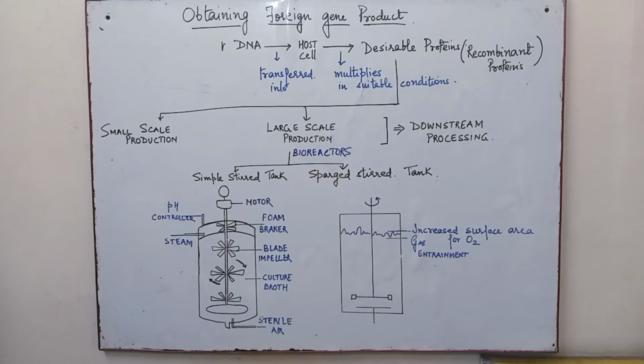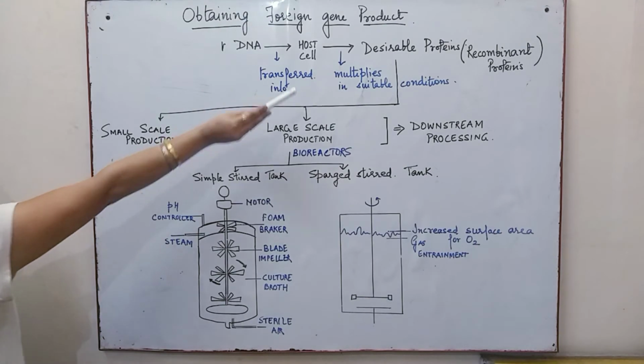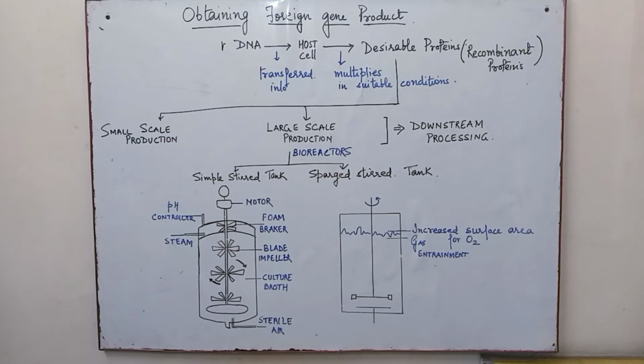So therefore heterologous host. Now once the recombinant DNA is transferred into the host cell, it gets incorporated into the genome of the host cell and starts multiplying and will express itself under suitable conditions.